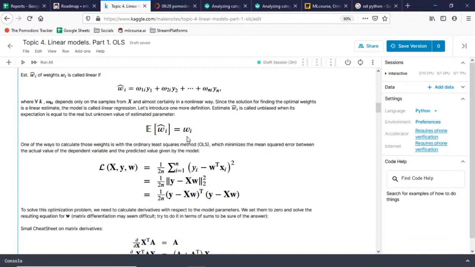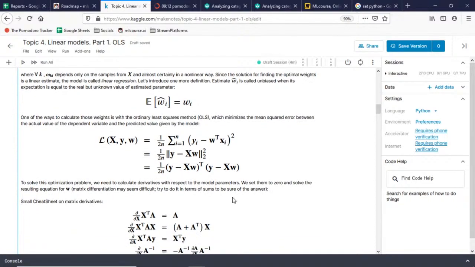So we need to calculate the derivative with respect to the model parameters, set them to 0 and solve the resulting equation for W. Matrix differentiation may seem difficult. Try to do it in terms of sums to be sure of the answer. Small cheat sheet on matrices.